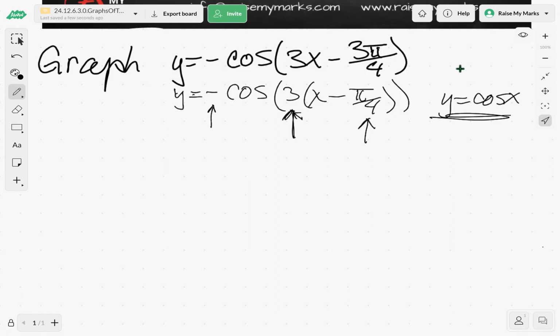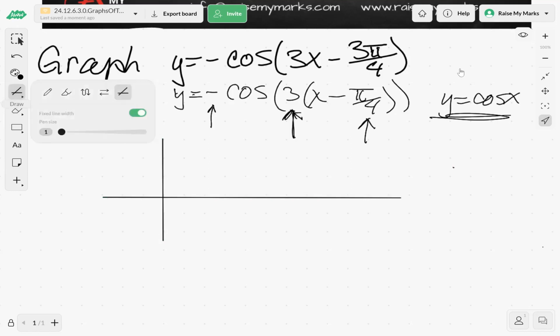So now let's have a look at what the graph of y equals cos x looks like. Again, we'll only look at one period, so we'll just do a quick sketch. What's the period of cos x? It's 2 pi. Now we're going to divide 2 pi into 4 equal intervals: pi over 2, pi, and 3 pi over 2.